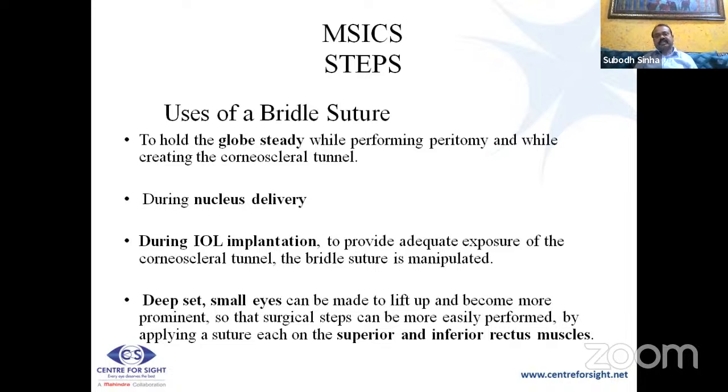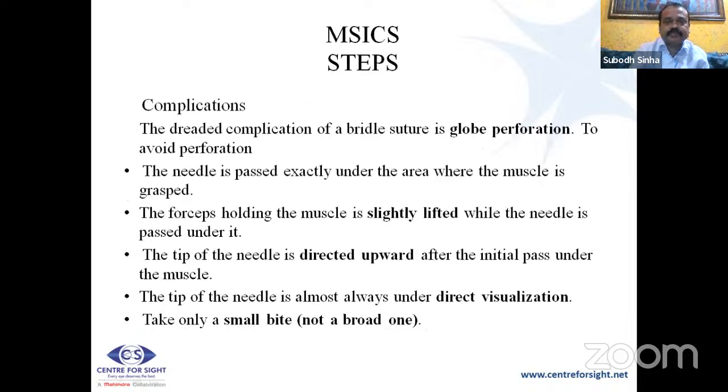It also helps during nucleus delivery and IOL implantation, giving better exposure. Sometimes you can take both superior and inferior rectus muscles, particularly in deep set and small eyes, because taking both bridle sutures lifts the globe and it becomes more prominent.